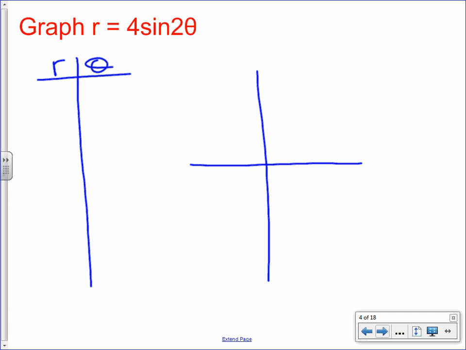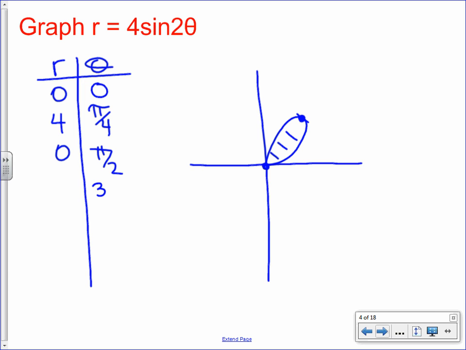So at 0, where are we? 0. What do you want to do, pi over 4? Pi over 2 is 0. So what's happening in between there? It's going back to your origin. What about at 3 pi over 4?